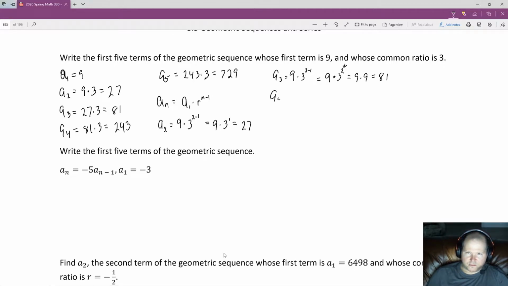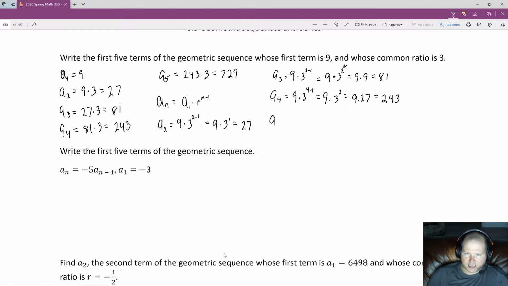Then we do the fourth one. It would have been 9 times 3 to the 4 minus 1, which is 3. And then we have 9 times 3 to the third power, which is 27. And 9 times 27 is 243.